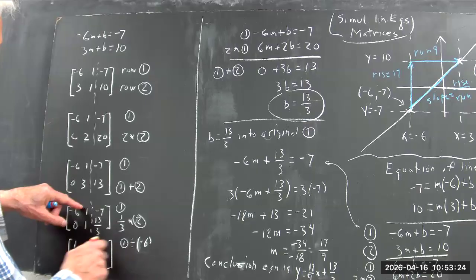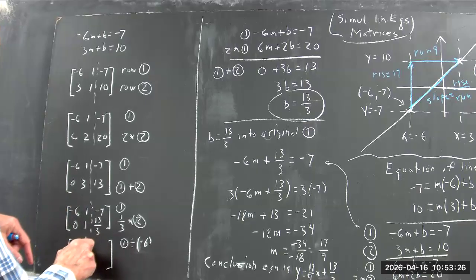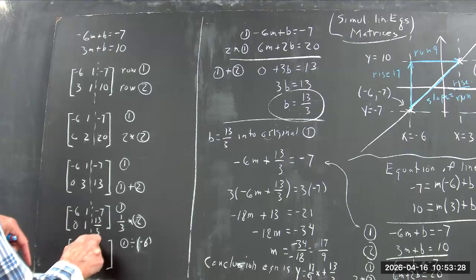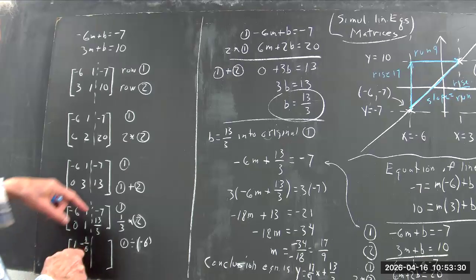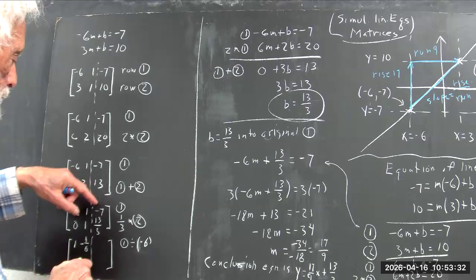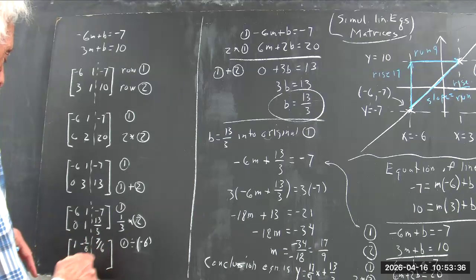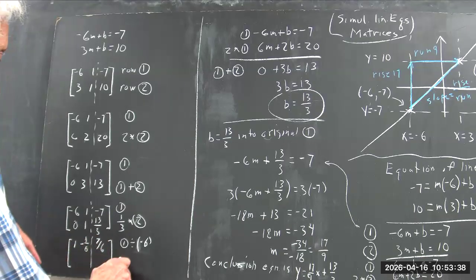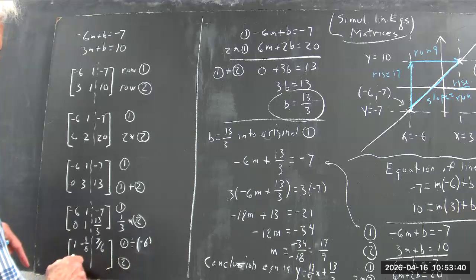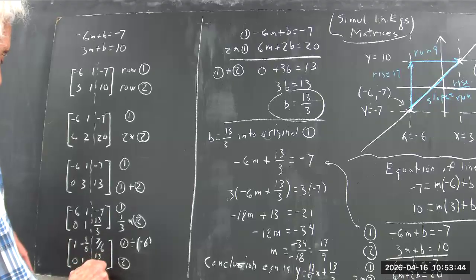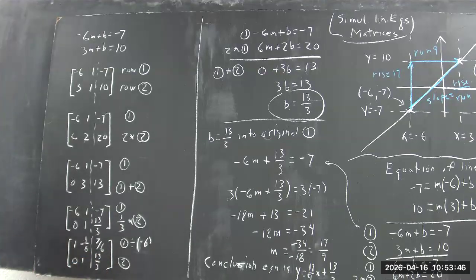The 1 divided by negative 6 gives me negative 1/6. The negative 7 divided by negative 6 gives me 7/6. My second row is going to be the same as it was before, 0, 1, 13/3.